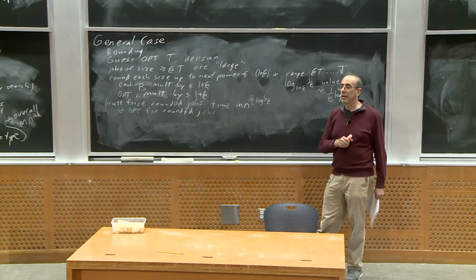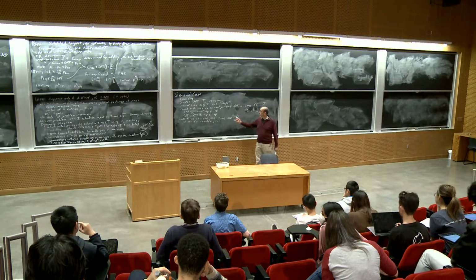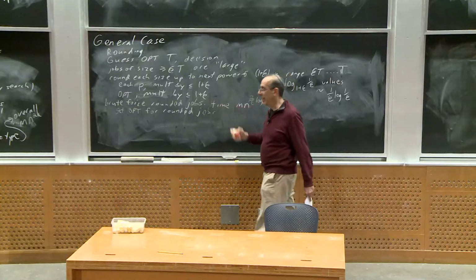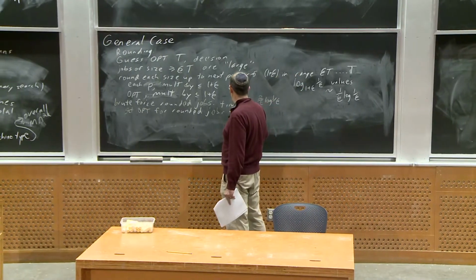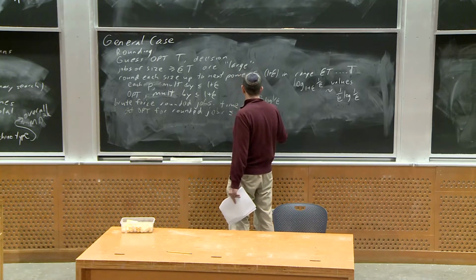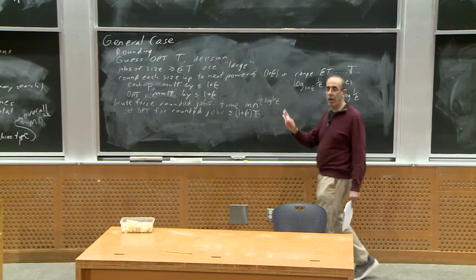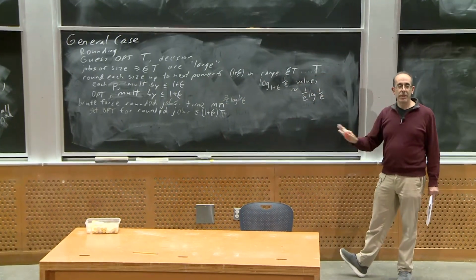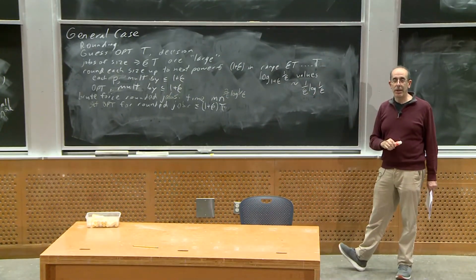Exactly. I actually said it right here, right? So 1 plus epsilon times t. Okay, so all of the big jobs, we can schedule them in time 1 plus epsilon times t.